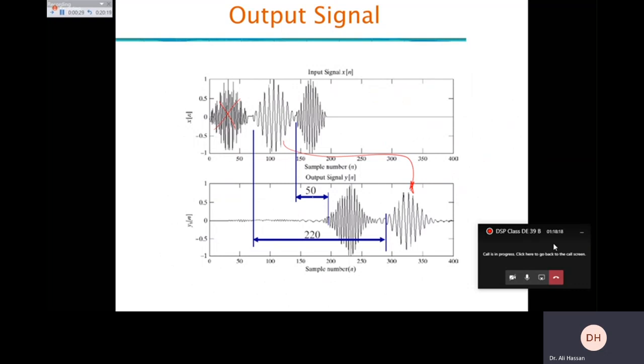Okay, so this is the price you pay for implementing an IIR system, that it has a phase distortion, and phase distortion is a measure of how much your group delay deviates from a constant value.